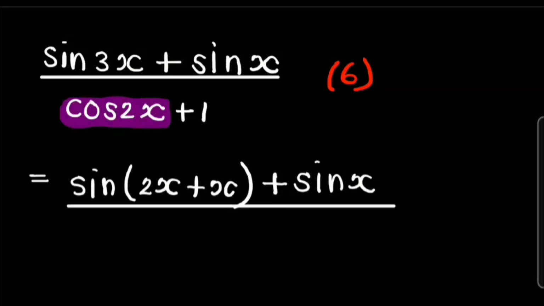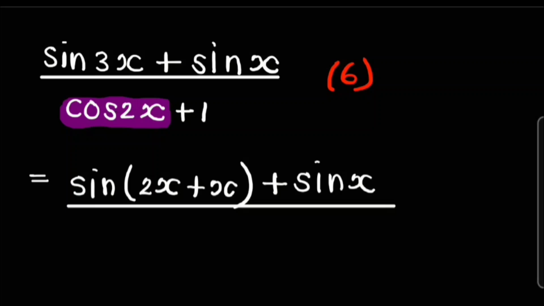Now, in your denominator, you have cos 2x. And I know that when it comes to choosing an expansion for cos 2x, sometimes it's a bit tricky because we have 3 different options. And sometimes you may choose one expansion that doesn't actually work out and give you the answer that you need. So if ever you have cos 2x, what I suggest is leave it as cos 2x and expand it later on when you're able to see something that it could possibly cancel out with from the numerator.